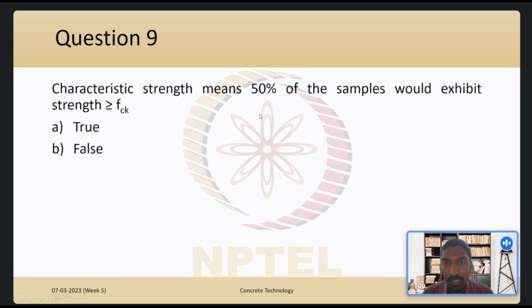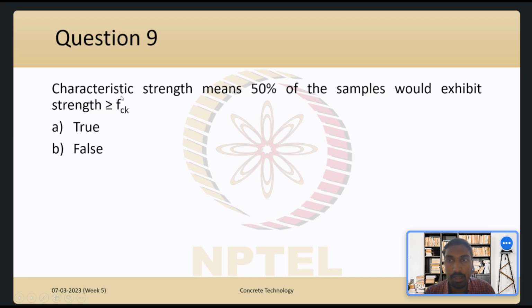So why? Because we have a distribution of the strength which follows a Gaussian distribution or a normal distribution, and this FCK is nothing but the fifth percentile of this Gaussian distribution, right? So what does fifth percentile mean? It means 5% of the values are lower than that, and in other way 95% of the values are higher than that, right?